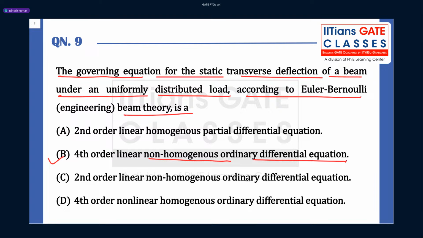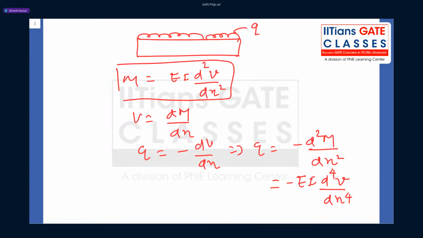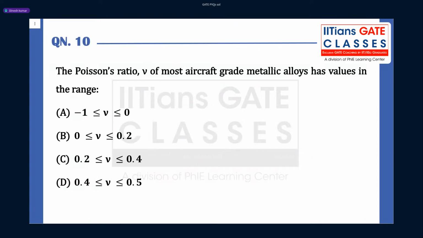So B is the answer. Further, you can look into the properties of differential equations and find out which is linear, which is non-linear, which is homogeneous and which is non-homogeneous. So B is the correct answer for this question.